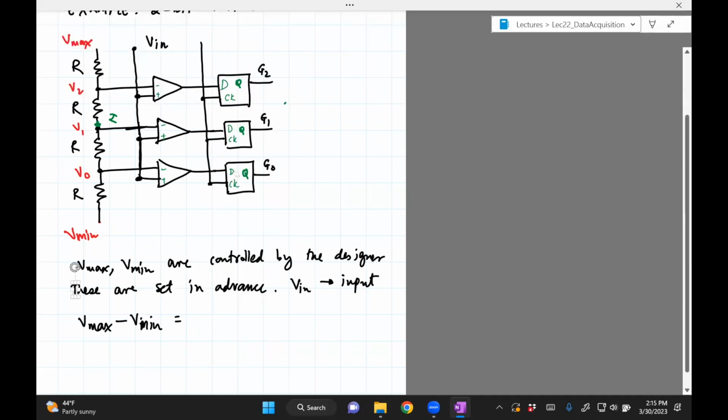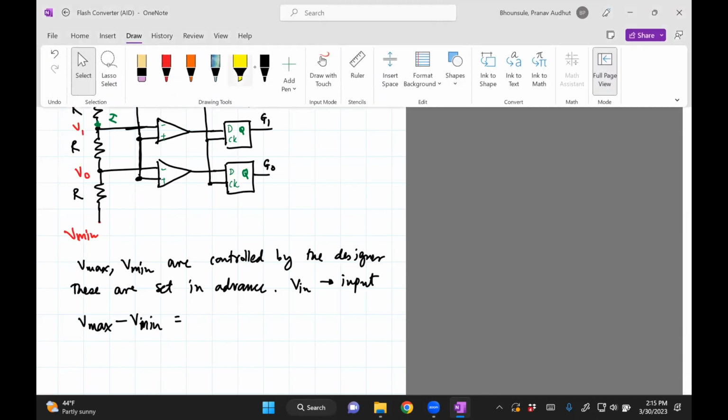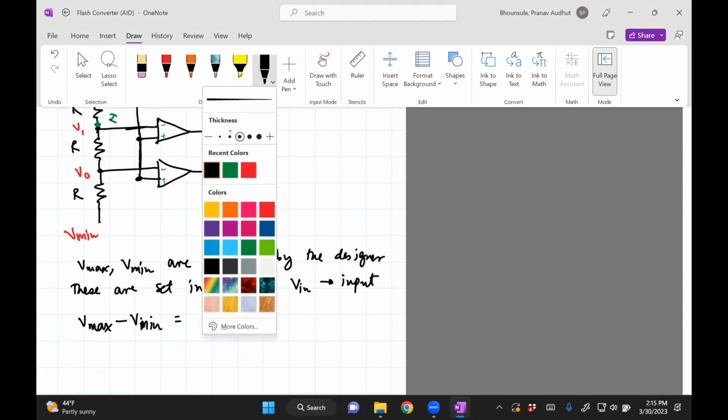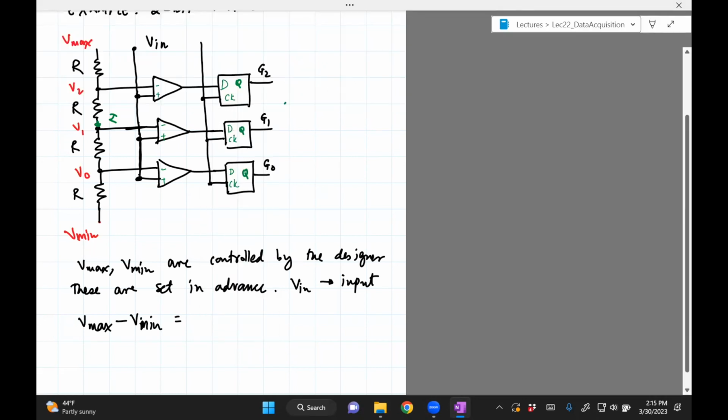So there are 4 resistors, they're all in series. So it'll be I times 4R because there are 4 resistors.